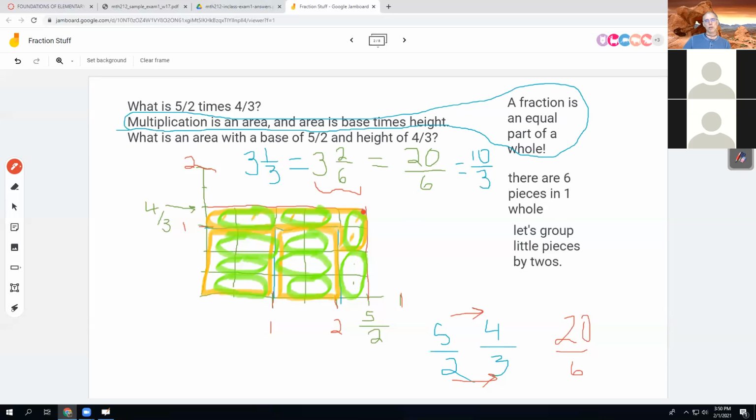So I'd expect you to do something to justify that regrouping here to get the simplest answer. So the best possible answer would be either 3 1/3 or 10/3. Either one would be the best answer there. 3 and 2/6 and 20/6 would be mostly correct. Good question. Other questions?